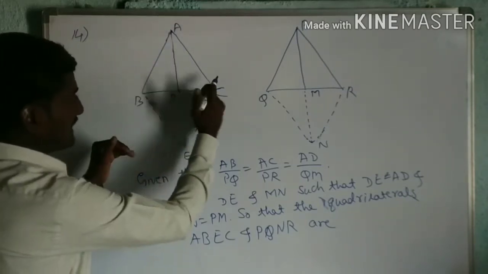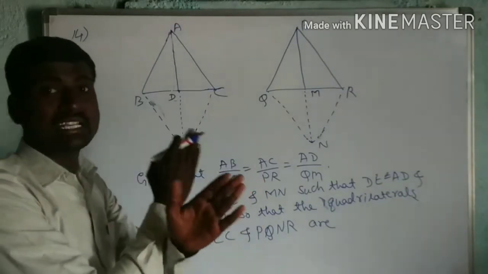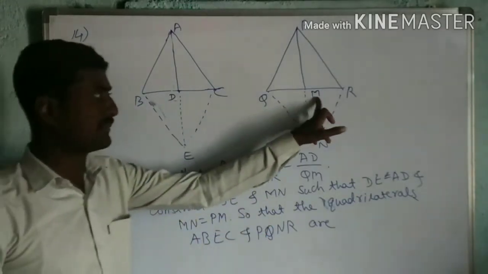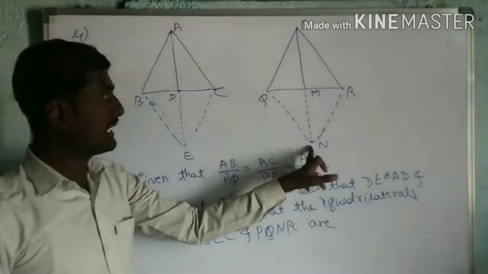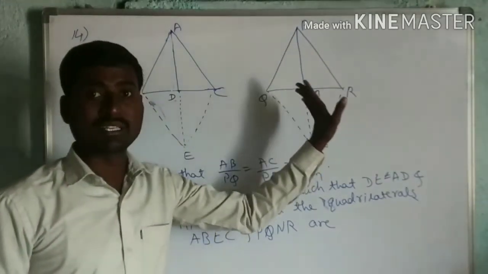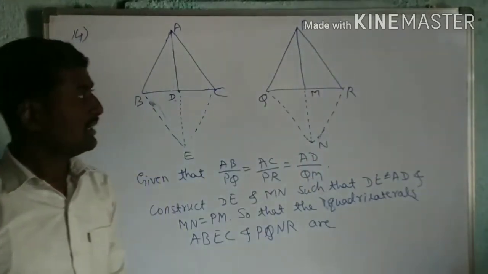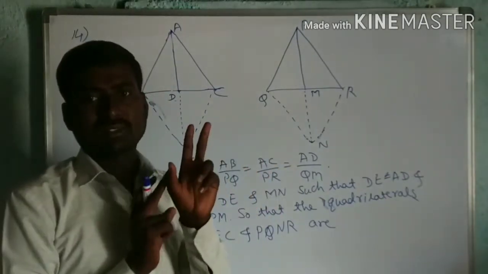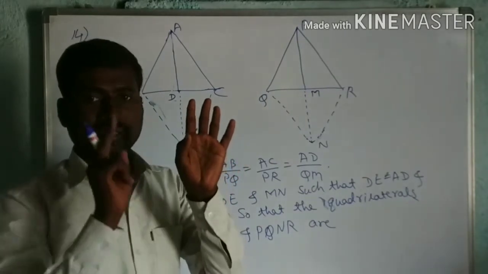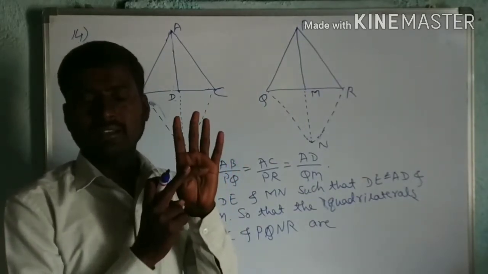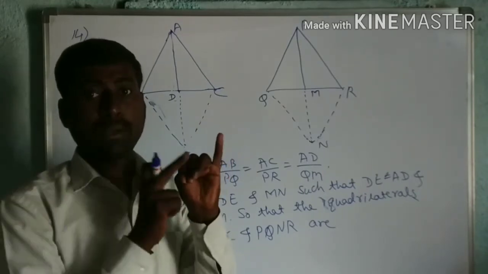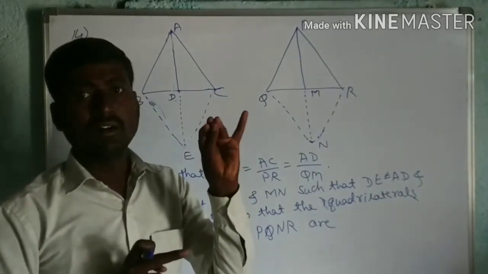This means these two diagonals bisect each other. Here also it is the same, so PN and QR diagonals bisect each other. Now if in a quadrilateral the diagonals bisect each other, it may be a rhombus, square, rectangle, or parallelogram. These are the possibilities.